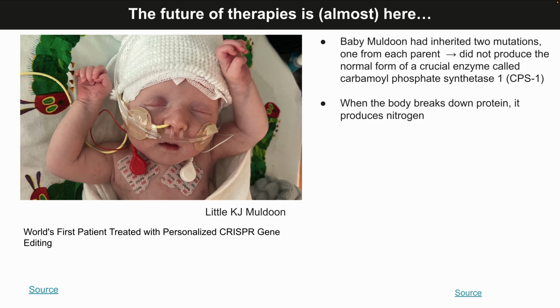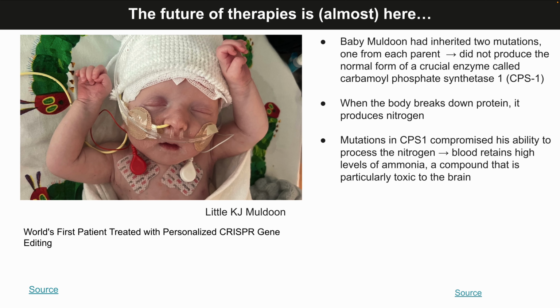Because of this gene, ideally your body should break down the protein and clear the nitrogen. Once you get a mutation in this gene, that does not happen. If ammonia, or nitrogen, gets accumulated in the brain, in the liver or in the blood, at some point your brain will start to suffocate and it can be lethal.